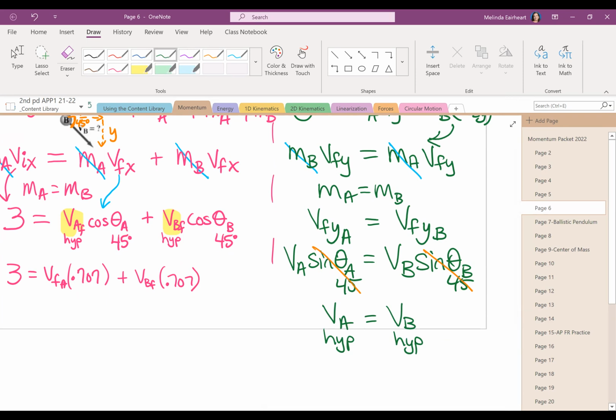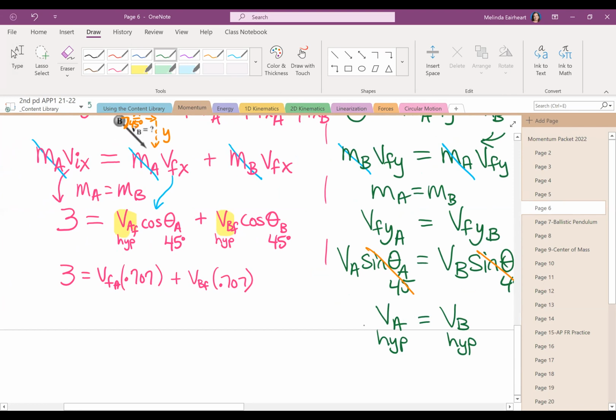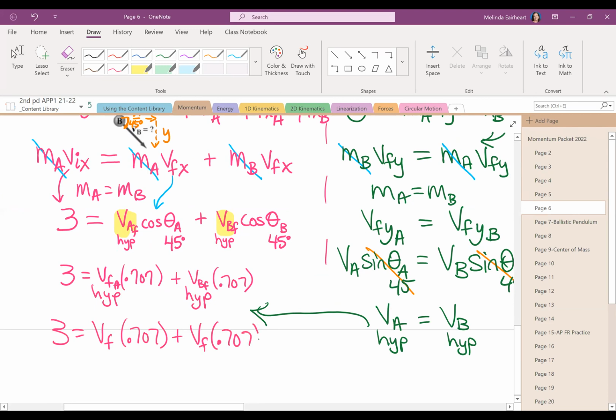This is because of equal mass. It's because of 90 degrees. That's the trick, if you will. But now I can come in, and if both of these are the hypotenuses, and now I know they're equal, basically take the A and B off. So we get 3 equals VF times 0.707 plus VF times 0.707.